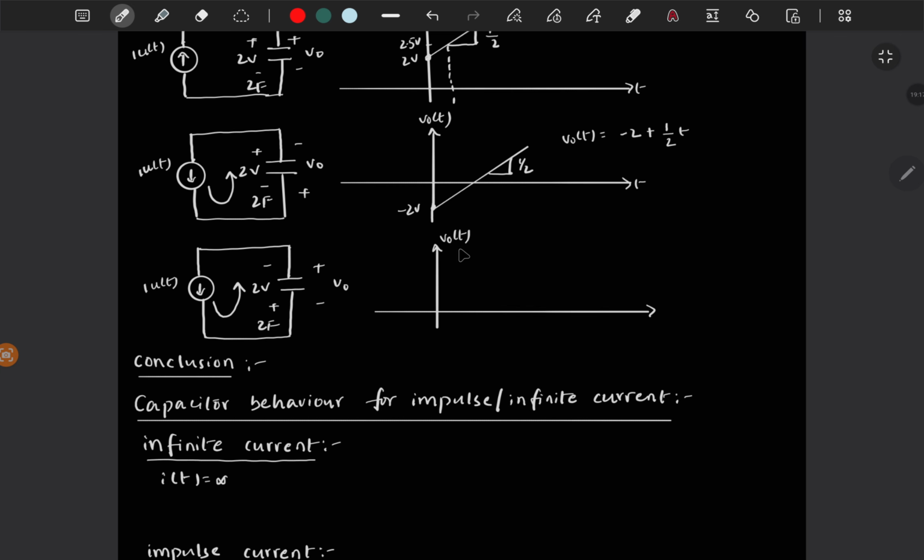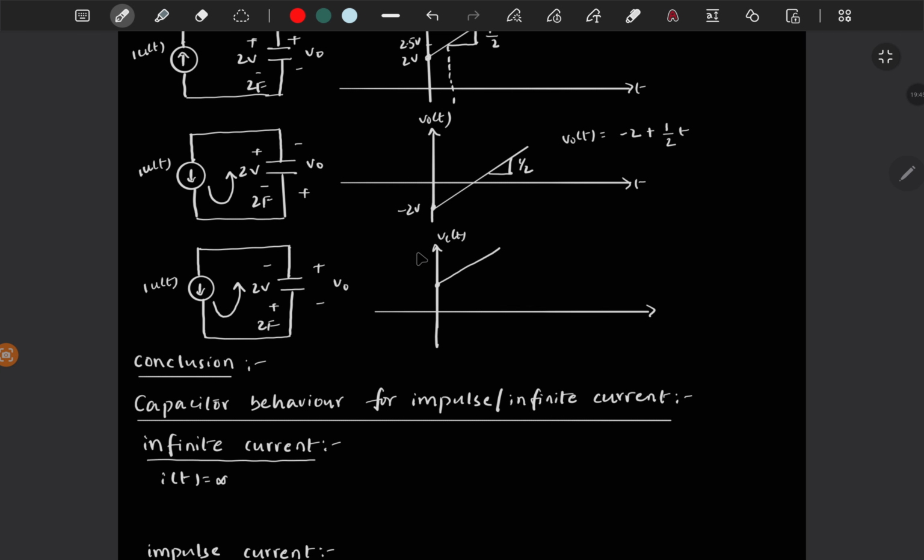So if you draw Vc of t, then it looks like this. The initial voltage is 2 volt, right? And it is charging in this direction. I am considering Vc of t in this direction. So we have an initial voltage of 2 volt and this starts charging in this direction, that is Vc of t if I consider in this direction.